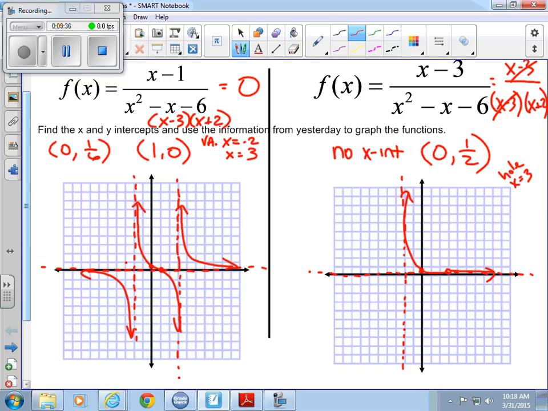If you forget, go back and erase a little spot and draw an open circle to indicate that there's a hole there. You're going to have to identify that because your homework tonight looks identical to your homework last night, just with a graph at the bottom. So you'll find the holes, you'll find the vertical asymptotes, you'll do all of that, and then you'll sketch. So you'll have the information sitting in front of you.